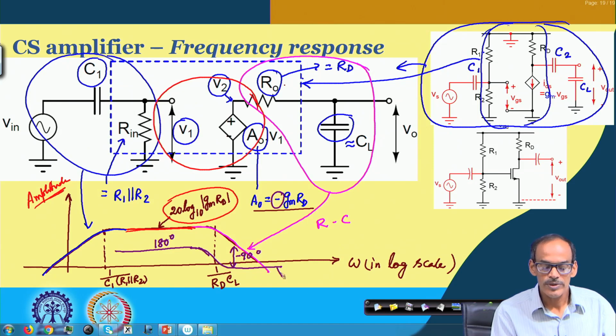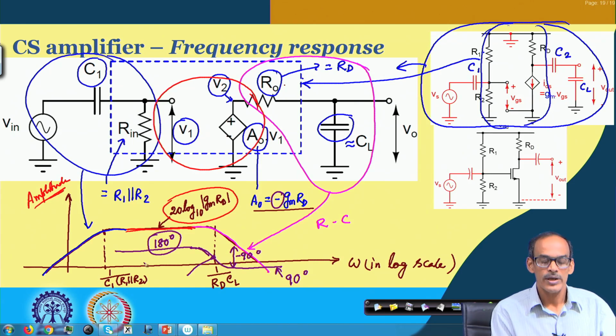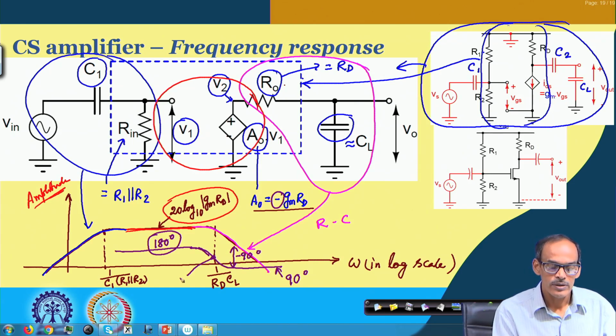So, if I consider this plus 180 degree, this phase will be 90 degree, and at this corner frequency it will be 180 degree minus 45 degree. So, that is 135 degree.